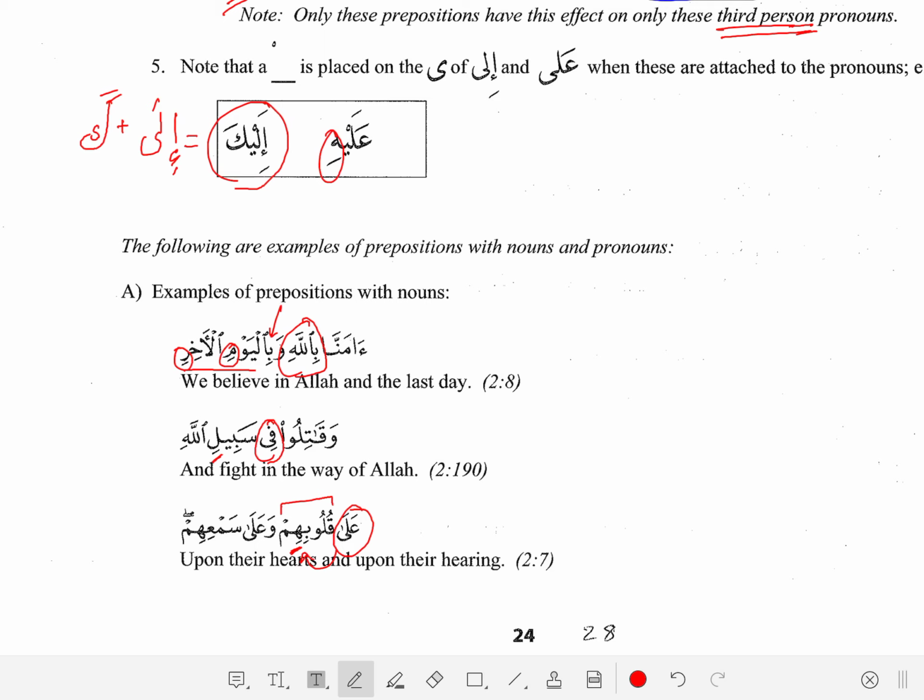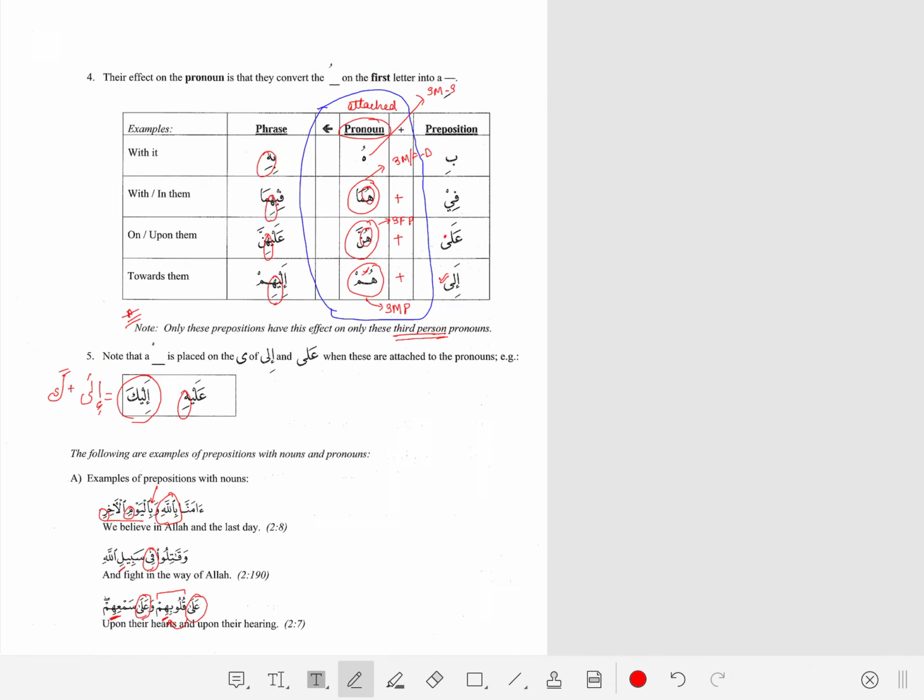Again ala samihim, like sam' plus hum. But there is ala before that, so it becomes samihim. There is this fatha, there is this kasra before.